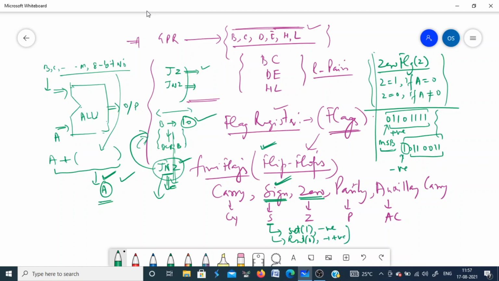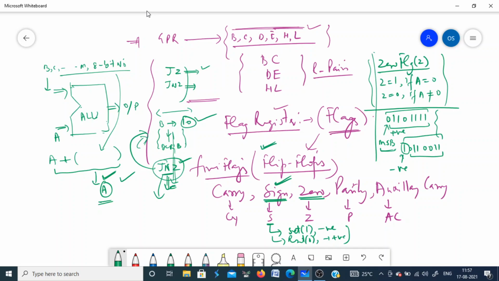The sign flag is set if the most significant bit is 1, and if the most significant bit of the data is 0, it is reset. So whenever the number is negative, it will be set. This sign flag is also used for jumping and control operations.